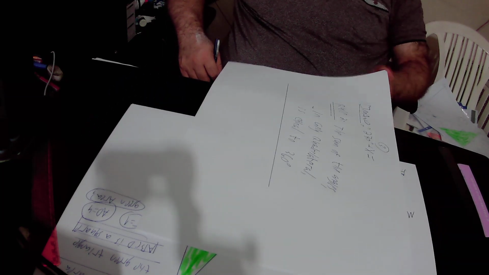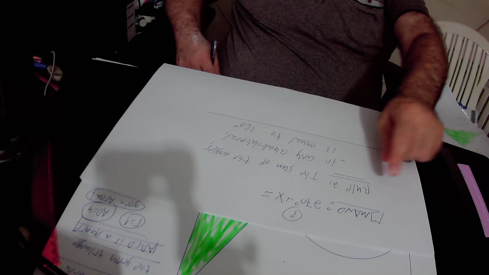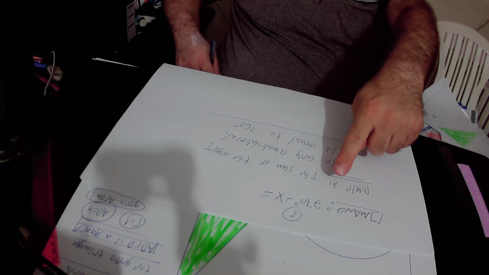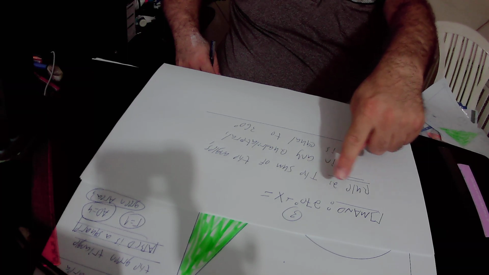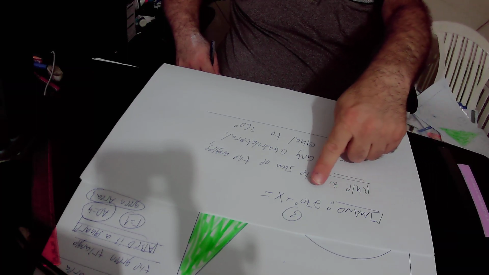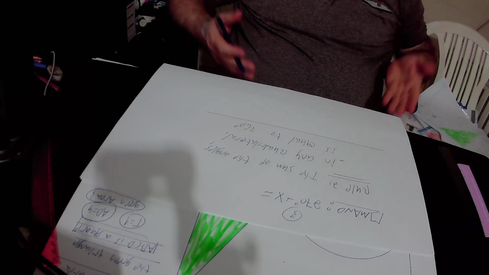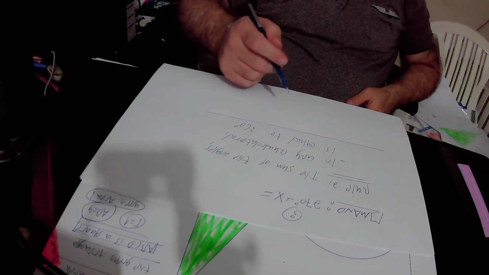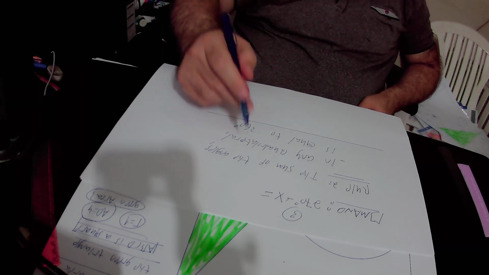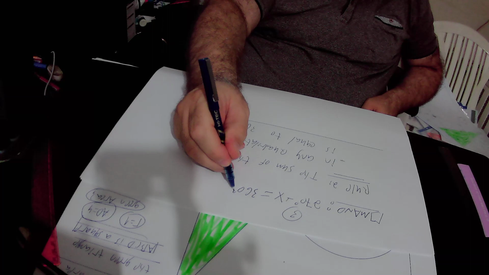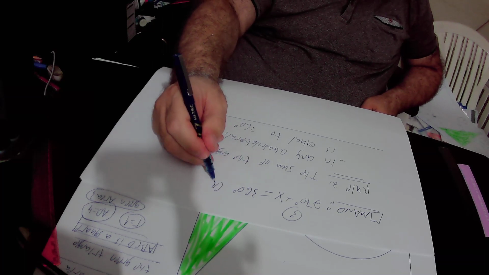Therefore, if we focus on quadrilateral MOAN, we know that the sum of its four angles is 270 degrees plus X, and according to rule number 2, the sum of its four angles is equal to 360 degrees. Okay, this is true according to rule number 2.